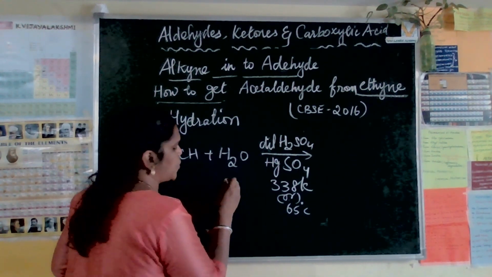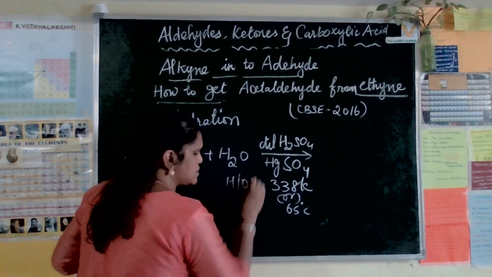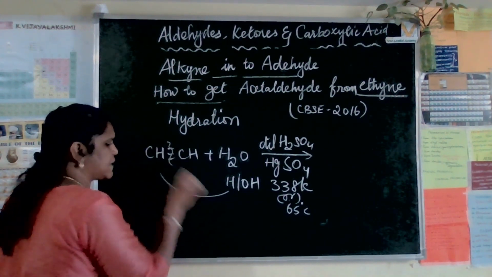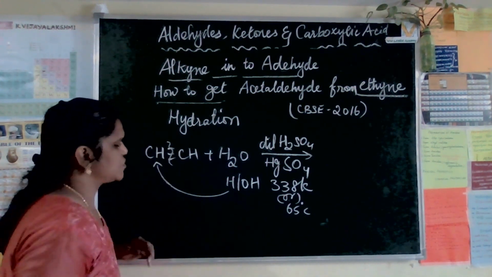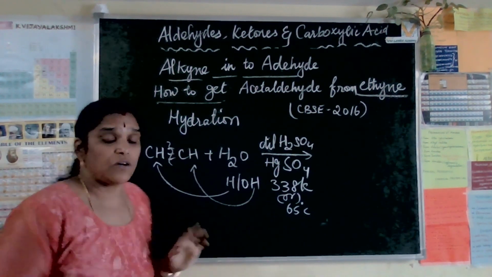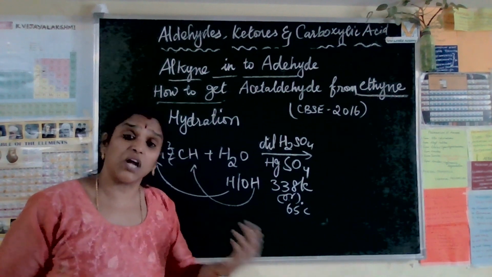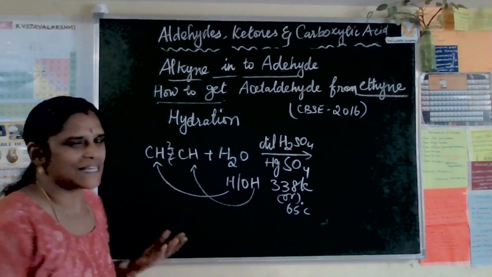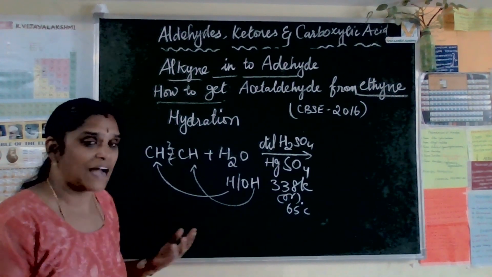What product are you getting, you know? OH. The bond breaks, right? One hydrogen attaches and this OH goes and attaches. So here we can bring in Markovnikov's rule. Both are similar, it's symmetrical only, so we can't say that.